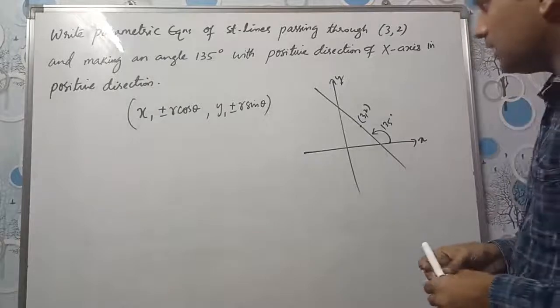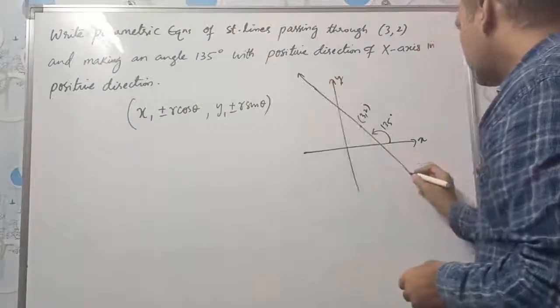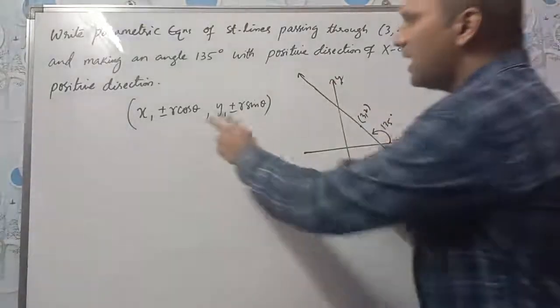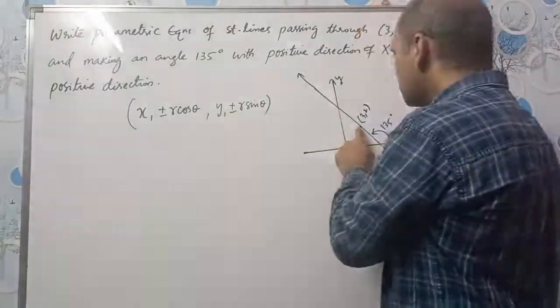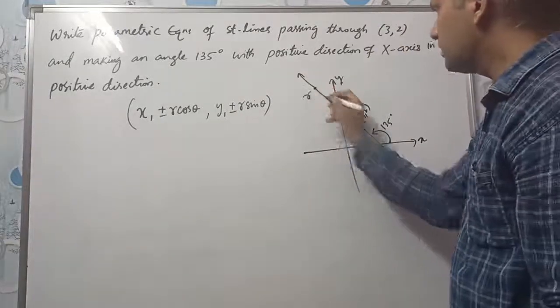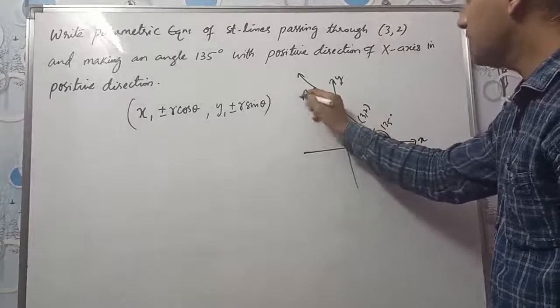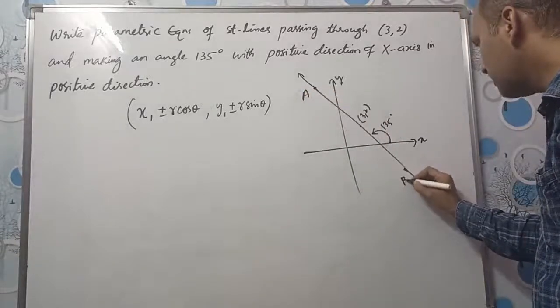Now we need to find another point which is r units away from this point on the same straight line. Let us say this is A and we'll have one more point, B, here.